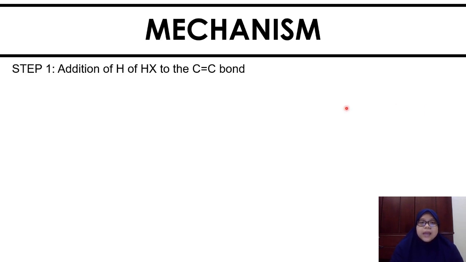So when we look at the mechanism of how our hydrogen and halogen are attached to the carbon-carbon double bond, we have two steps. The first one is addition of hydrogen of HX to the carbon-carbon double bond.